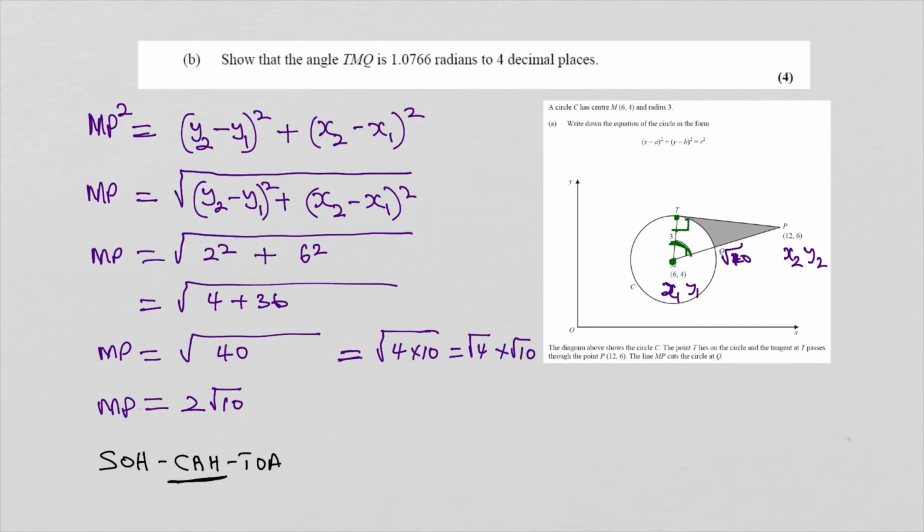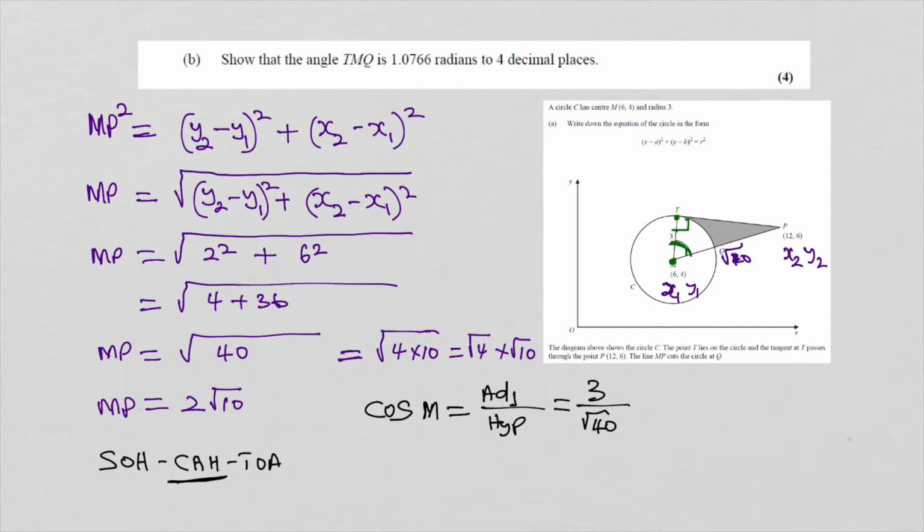That means cos of the angle M will be equal to adjacent over hypotenuse, and the adjacent is 3 over root 40.